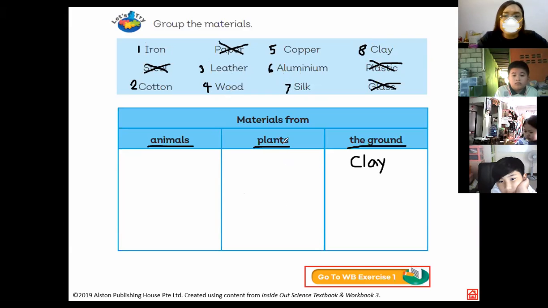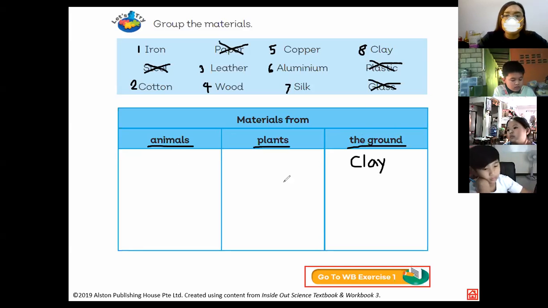So all you have to do again is to group these materials according to where these materials are from. I already have one example. The example here is clay. Clay is a material that we can get from the ground. So try the other materials, class.